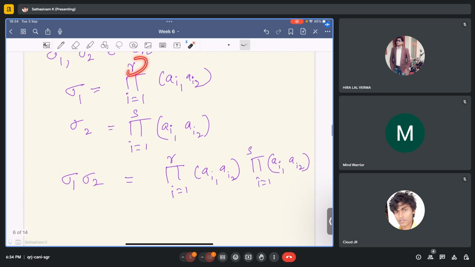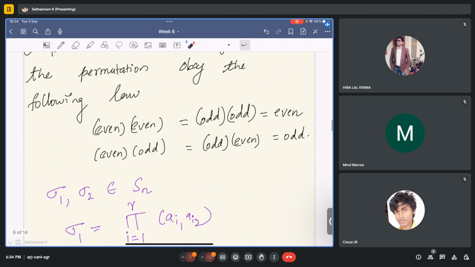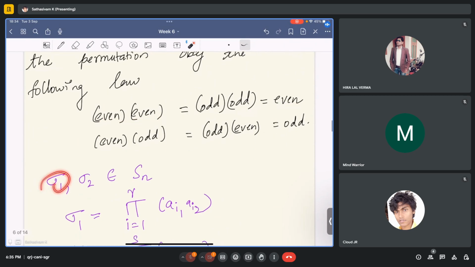So if sigma 1 can be written as a product of r transpositions, and sigma 2 can be written as a product of s transpositions, then sigma 1 sigma 2 can be written as a product of r plus s transpositions. Now you observe, the sign of the sigma is basically the parity of this, right? Whether r is even or odd.